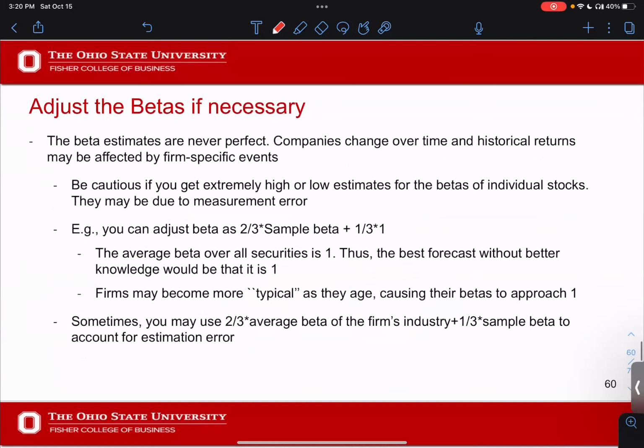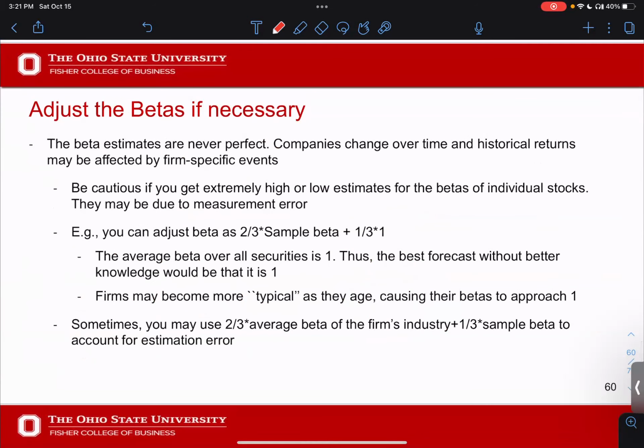Then, after you estimate the beta, say you get a beta from your data, we call it beta hat, it's an estimate. It's never perfect. As we said earlier, one problem with CAPM is that it assumes a constant, unique beta.